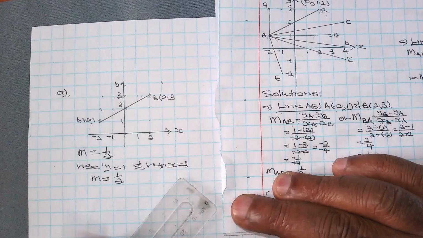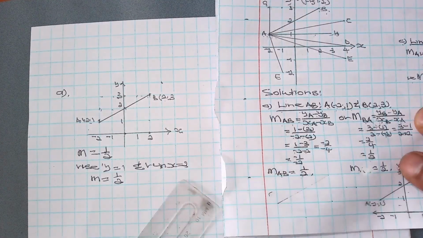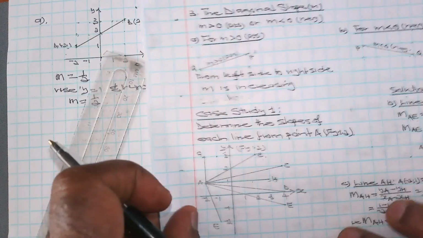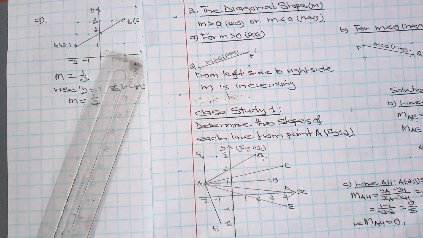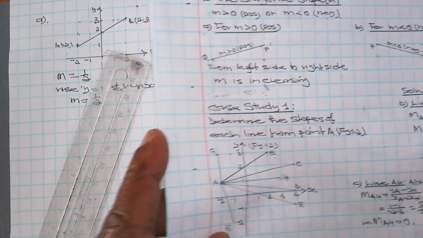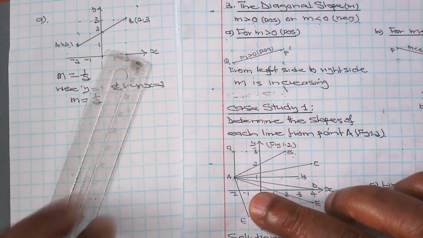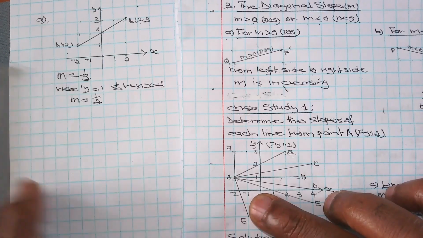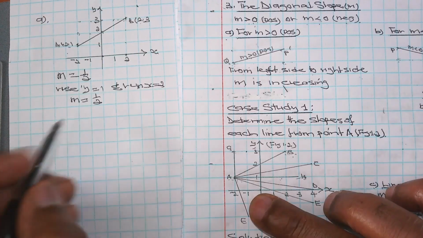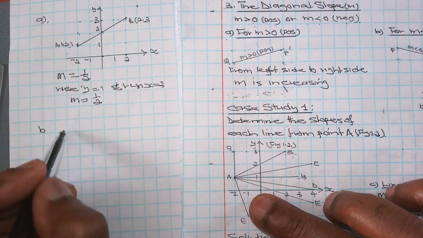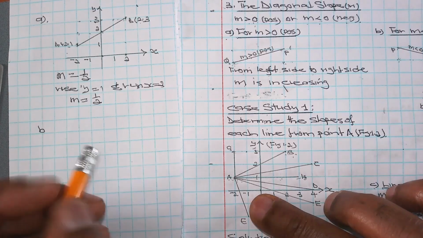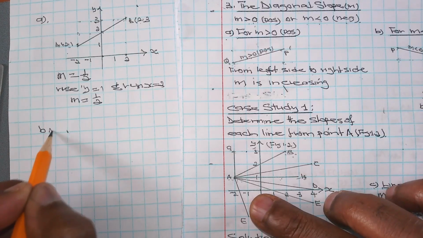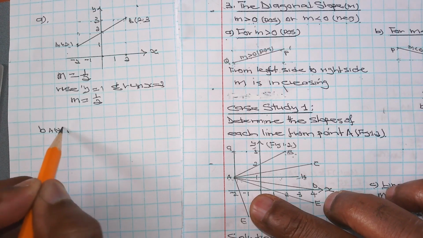Now let's go to case study B and see what we have there. How do we sketch this graph? We know that the slope is 1 over 3. Always, if the slope is negative, make the x value negative all the time. This is B. Therefore, we have the coordinates. We have A here, which is minus 2 and 1.